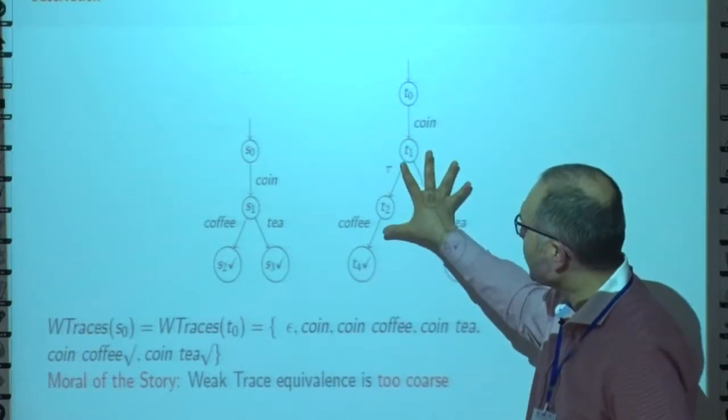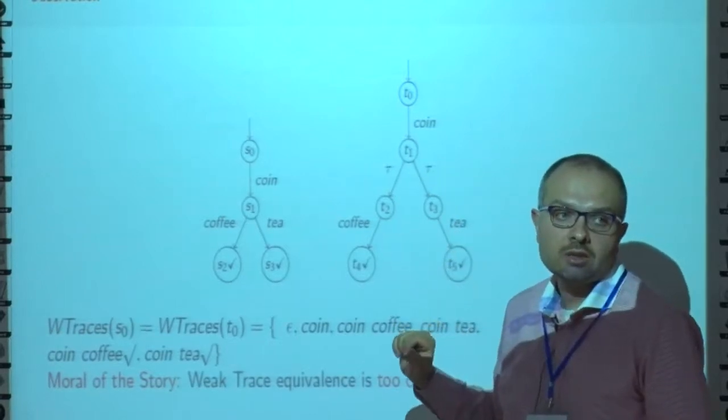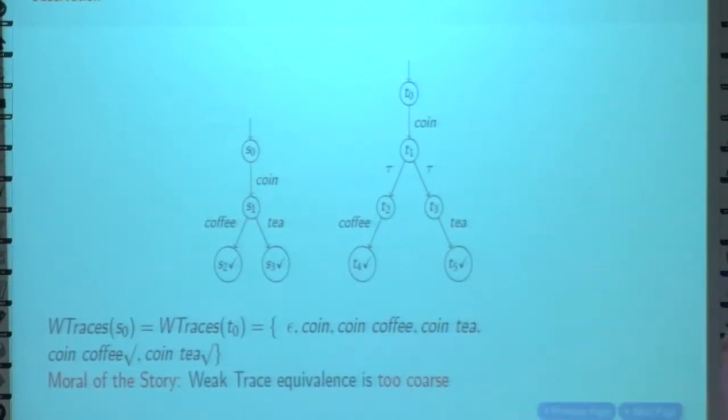If you are given this implementation of this specification, would you consider this a correct implementation or not? Is there anyone who wants to argue why T naught is not a good implementation of S naught?